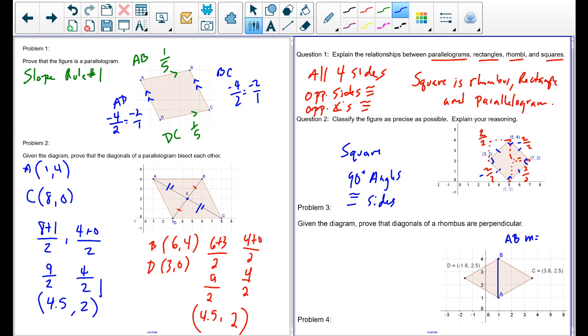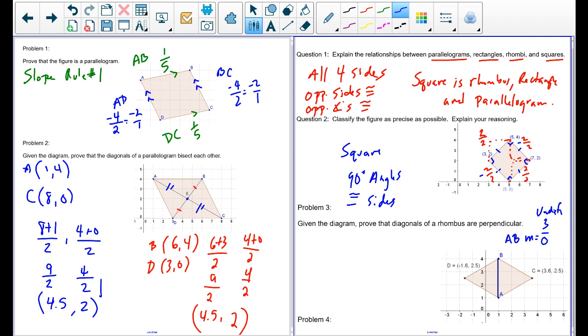Rise over run. Well, how much did I rise from A to B? 3. How much did I run? What happens if 0 is in the bottom? Undefined. So it's an undefined slope.